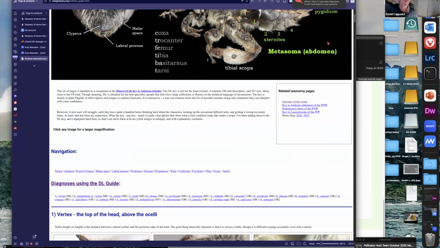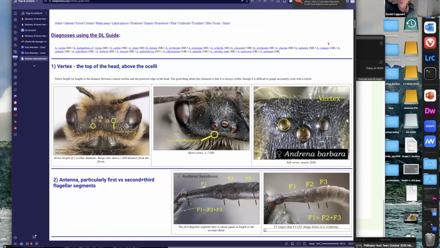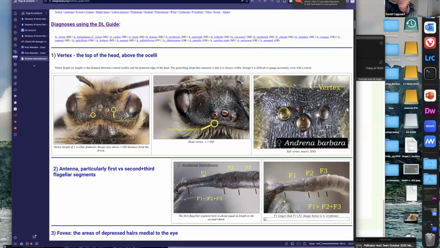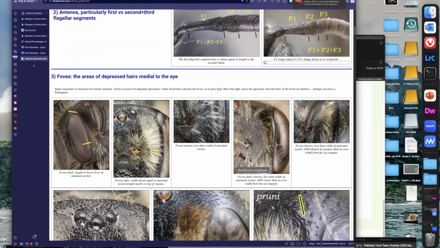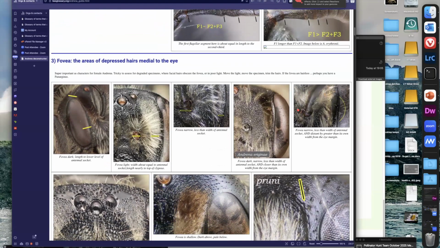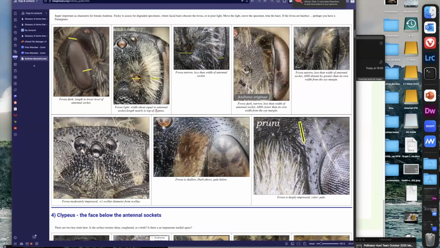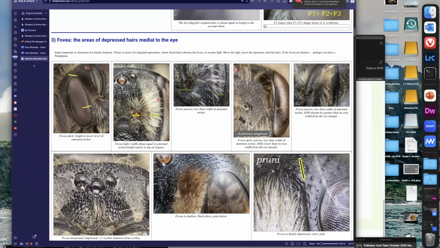I've looked at Andrenas a whole bunch, and whoever asked the question, if we scroll through here and you see what we're talking about, let me know. The fovea, these little white patches, or do you mean something else, Haley? Oh, she's saying it might be the facial fovea. I Googled that and I think that's what I meant. Okay. Yeah. If you look at my Andrena guide, you'll see lots of different pictures of fovea. But that's the only thing that rings a bell. As for you, Lisa, if you're talking about hairy stuff on the head of an Andrena, the only thing that's unusual and distinct for Andrena in particular is the fovea.